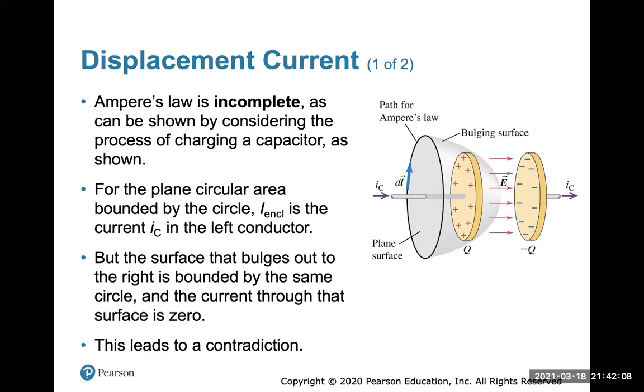Ampere's law is pretty unequivocal about there being some current passing through that surface. So Maxwell invents a fictitious, at least as far as he knew, current that is associated with the fact that the electric field is changing.